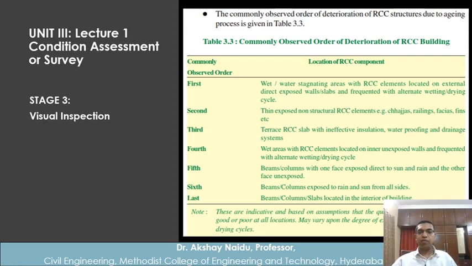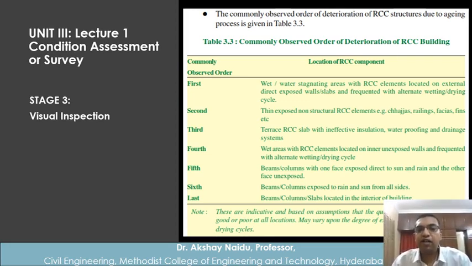Now, this is the commonly observed order of deterioration of RC structures due to the aging process. This is given in this table, from the CPWD handbook. Now, this is an example of a visual inspection. First, there is a common order.